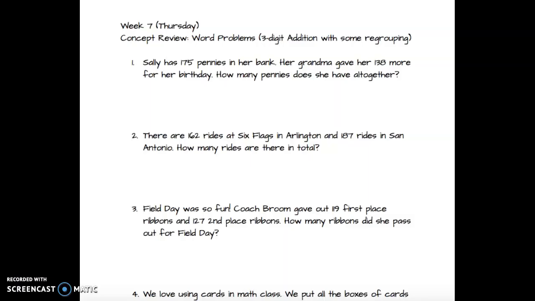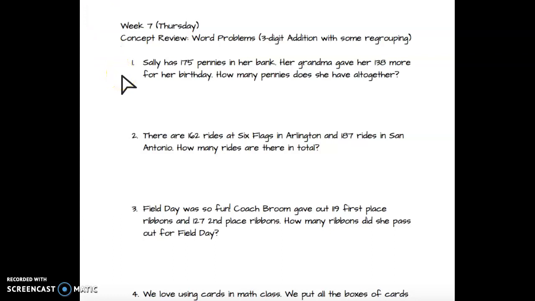All right, here is the paper that we're going to work on today in case you have not found it yet. Again, it actually says week 7 Tuesday at the top. Word problems, three-digit addition with some regrouping. So if you haven't found it yet, go ahead and pause the video so that you can go grab it and then come back. Let's take a look at number 1.